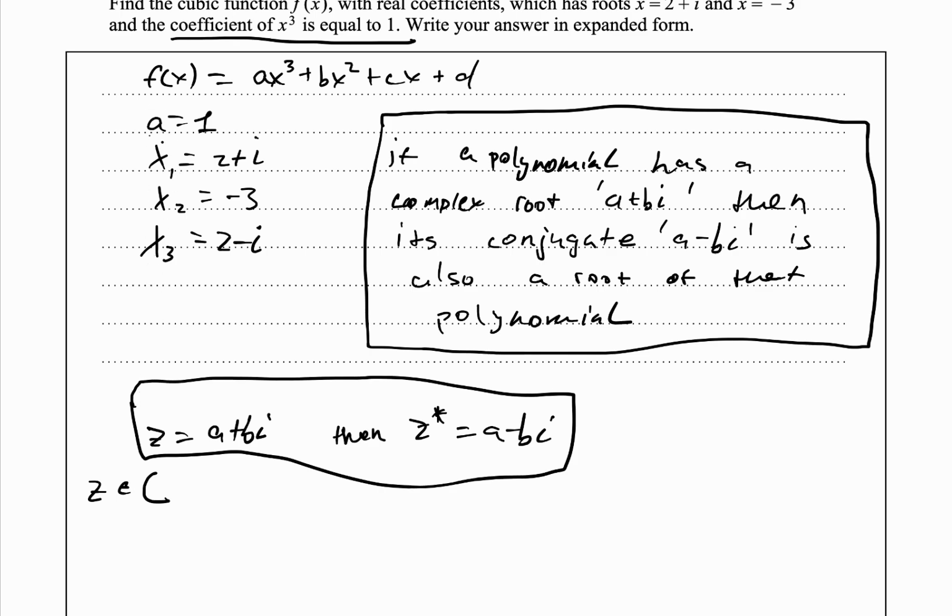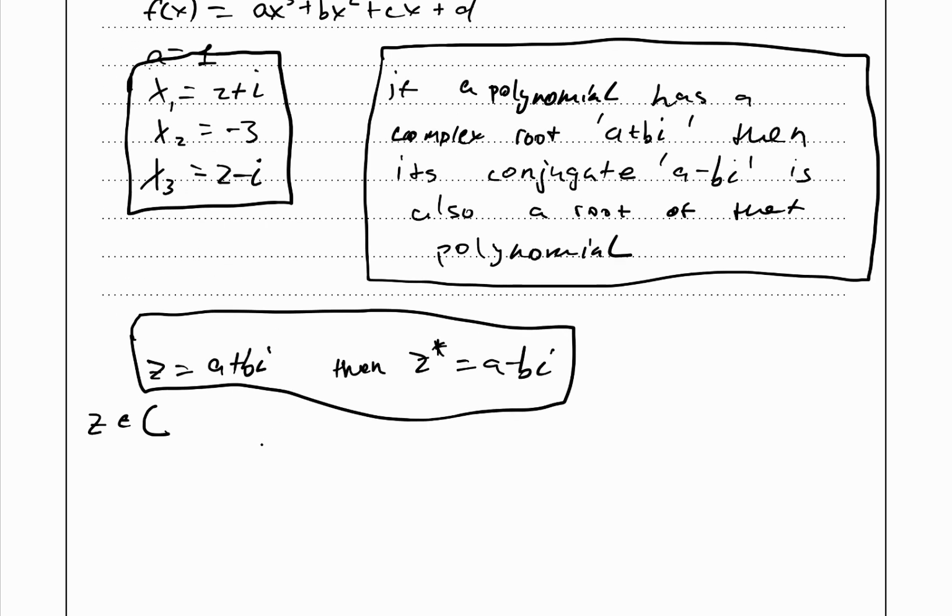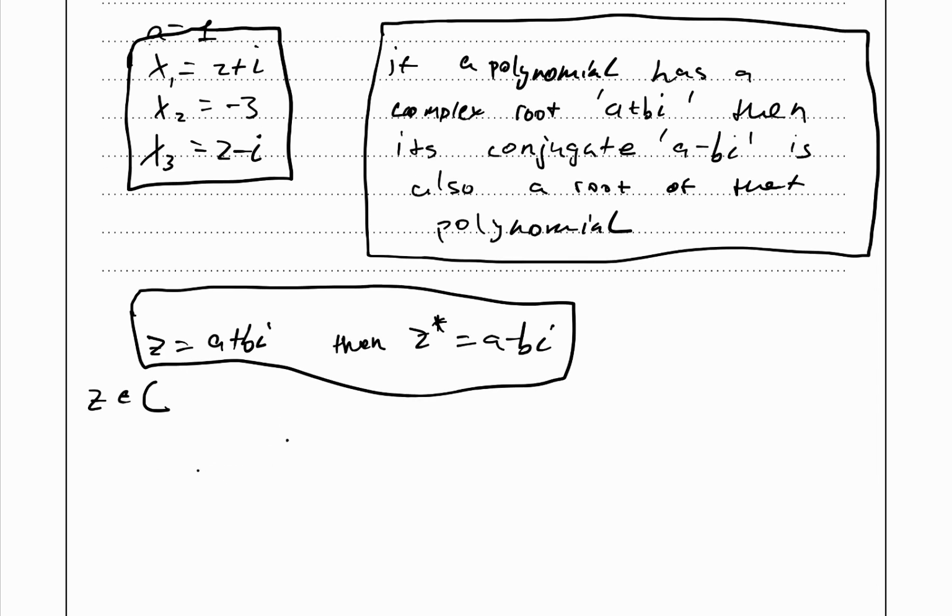So after finding out the roots of this function, we can go ahead and write it, because to write a function in factor form, we have to write something like this: a, which is the leading coefficient, times x minus x1, x minus x2, x minus x3, and goes on, x minus xn.